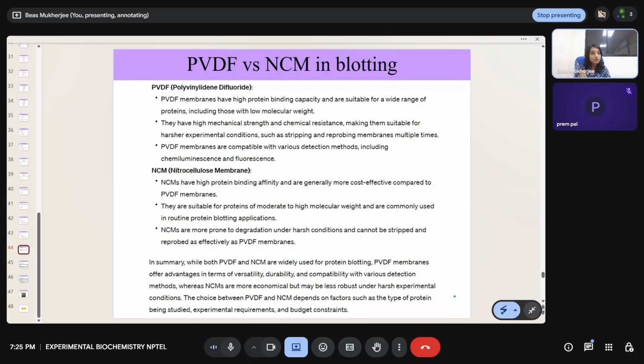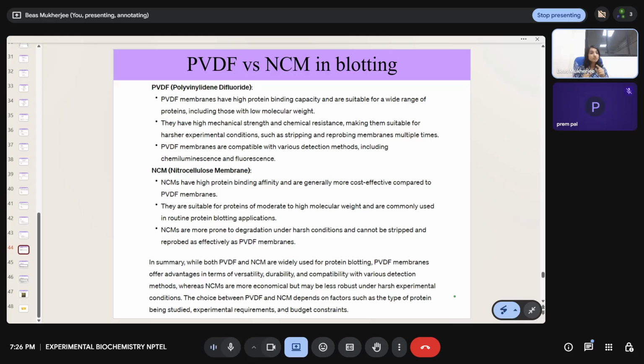What about nitrocellulose membranes? Nitrocellulose membranes also have high protein binding capacity and are generally more cost effective than PVDF membranes. They are suitable for proteins of moderate to higher molecular weight and are commonly used for protein blotting applications. NCMs are more prone to degradation under harsh conditions and they cannot be stripped as easily as PVDF membranes.